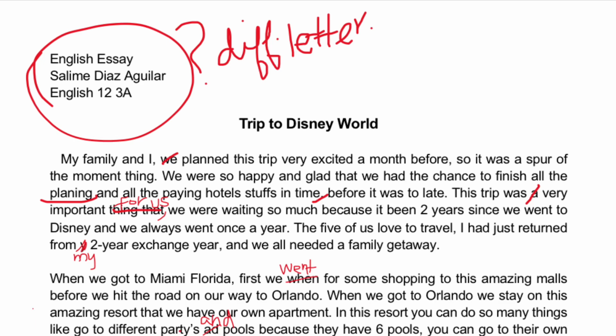First, I wrote my name, the English class, and the topic, which is trip to Disney World. You can see that I wrote it, and I made and corrected a lot of mistakes, but it's super normal. It's just for you to get to know them, and after you correct them, you can make your essay.